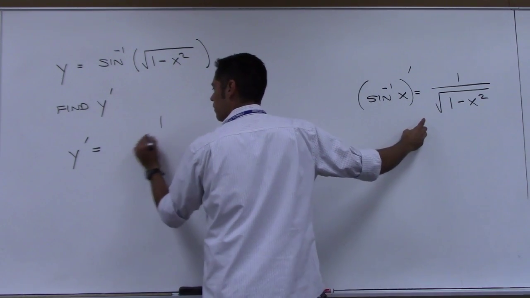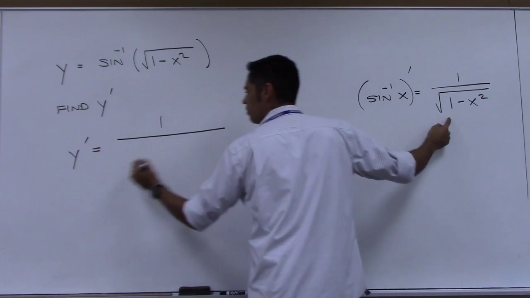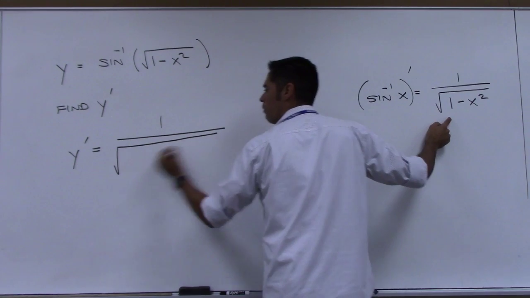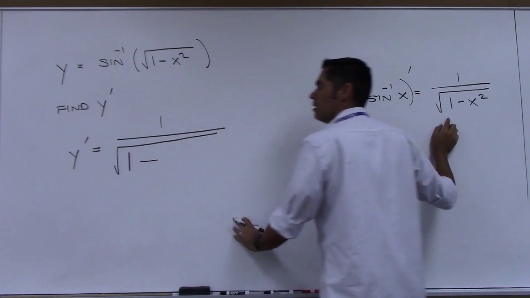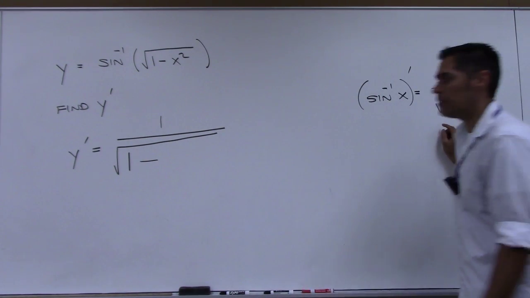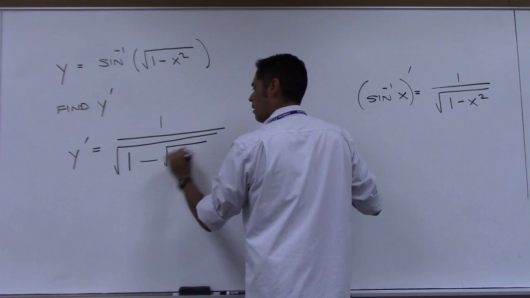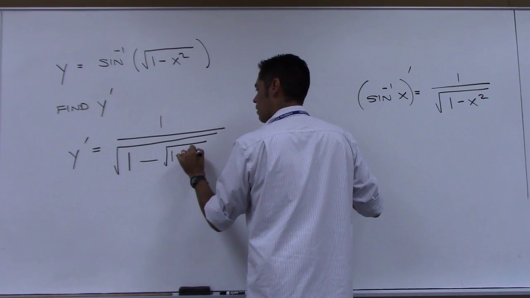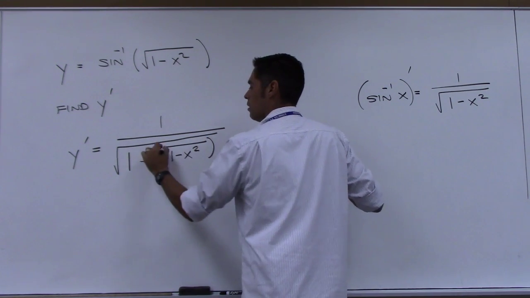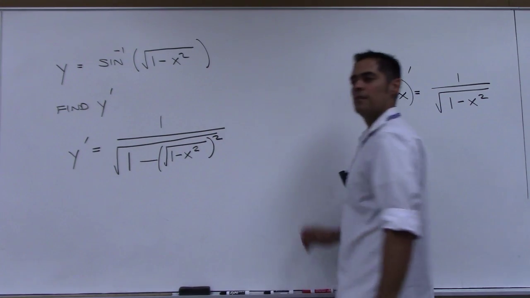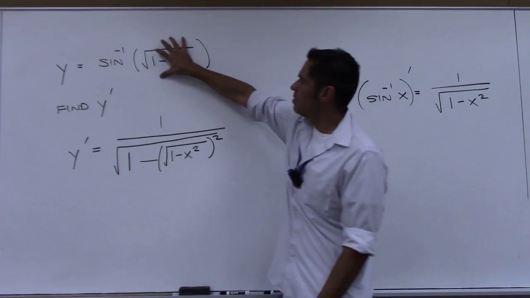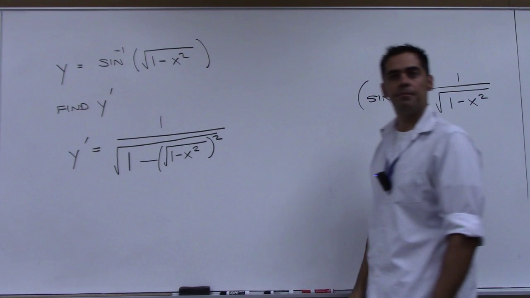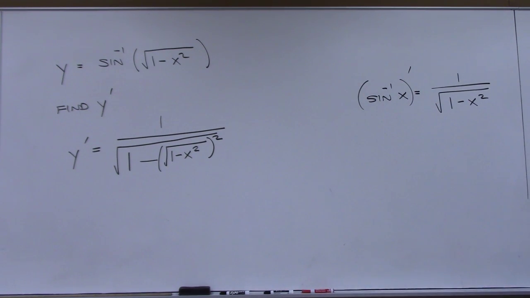1 over the square root of 1 minus, and then the square root of 1 minus x squared, right? This is the thing inside the sine. I'm going to take that, I'm going to square it. We agree?